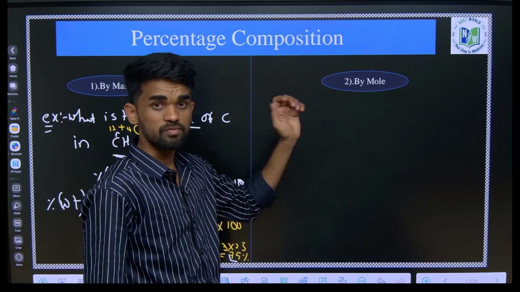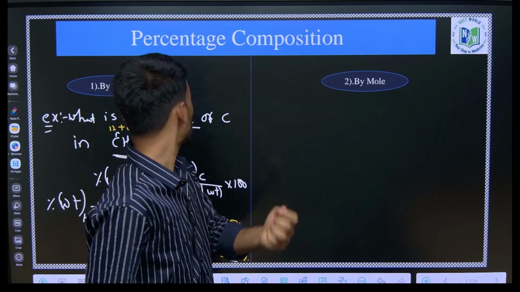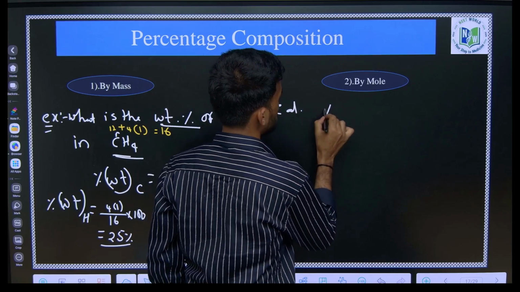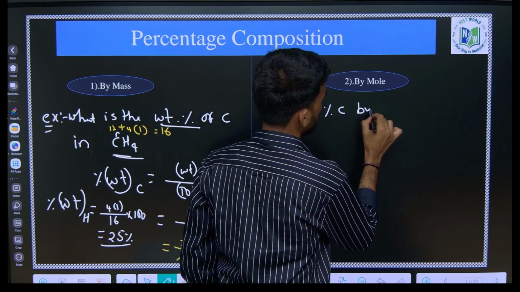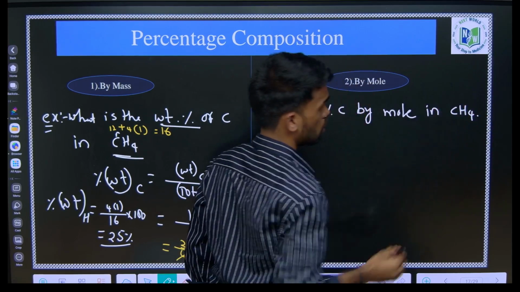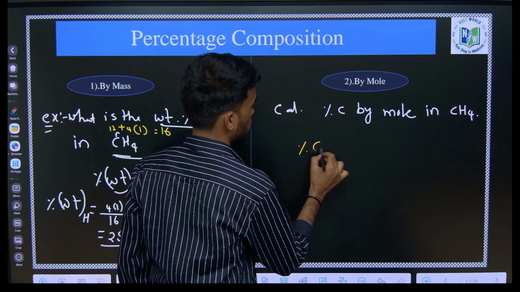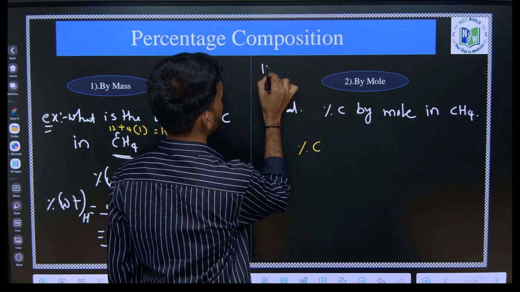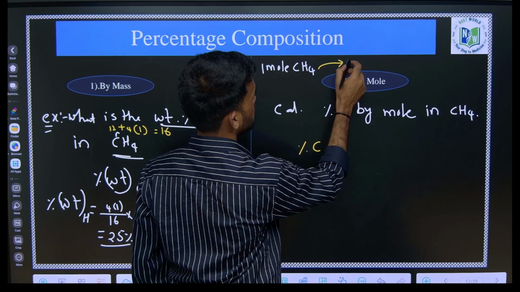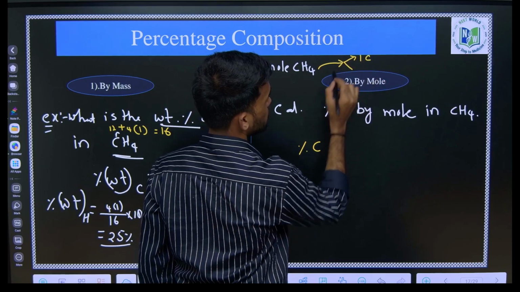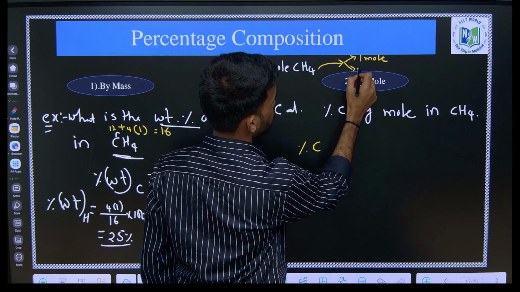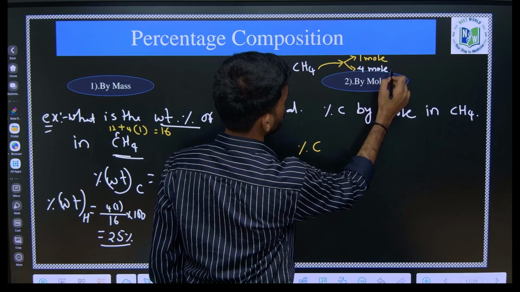Now for the same question, I am asking you to calculate by mole: calculate the percentage of carbon by mole in methane. If they ask like this, how do we do it? Percentage by mole. In 1 mole of CH4, how many moles of carbon atoms are there? 1 mole of carbon, and 4 moles of hydrogen.